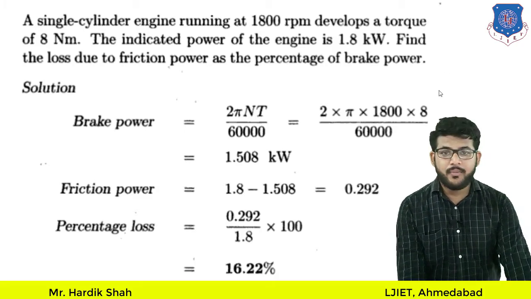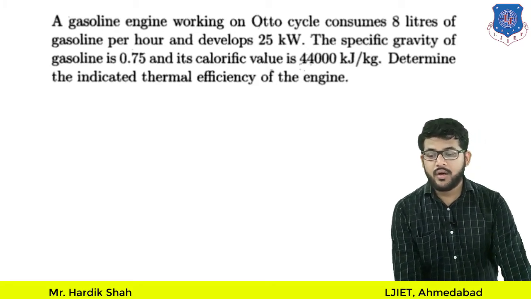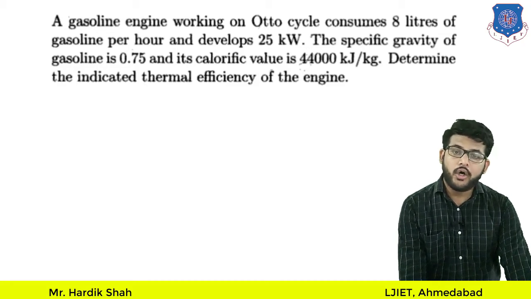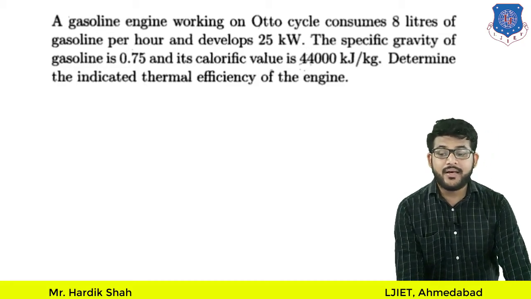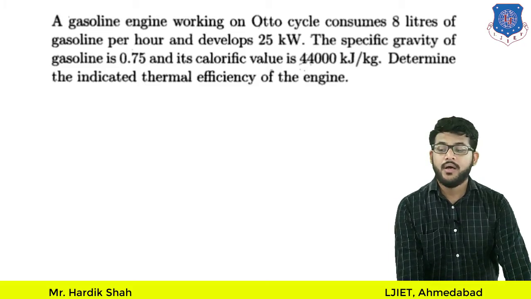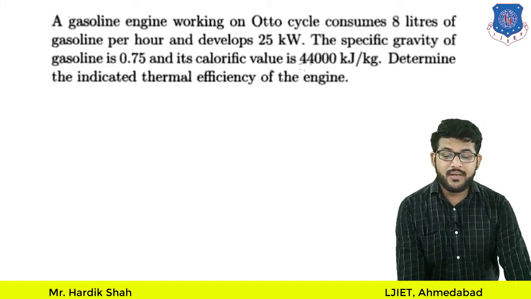Let's move to the second numerical. The gasoline engine, that is petrol engine, working on Otto cycle consumes 8 liter of gasoline per hour. So we are given the fuel consumption, 8 liter of gasoline per hour, and it develops 25 kilowatt. What is the meaning of develop?